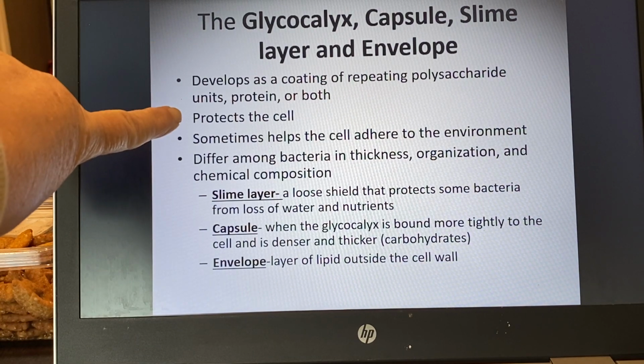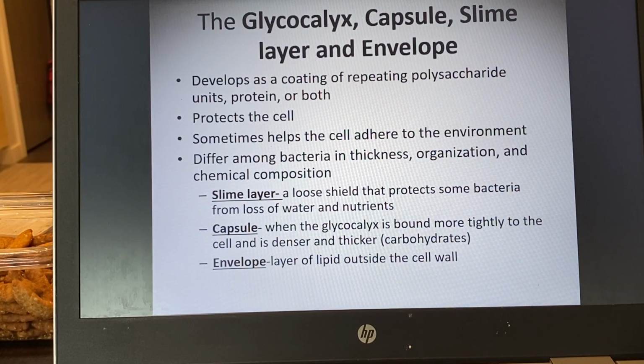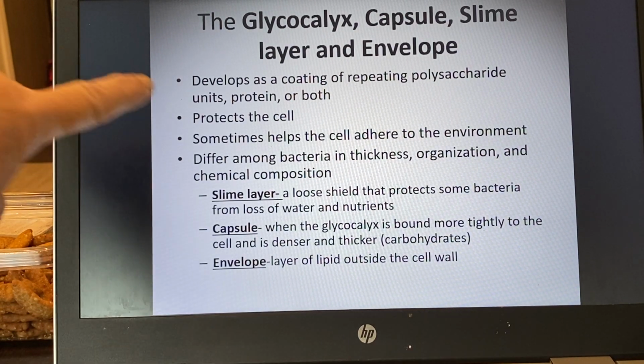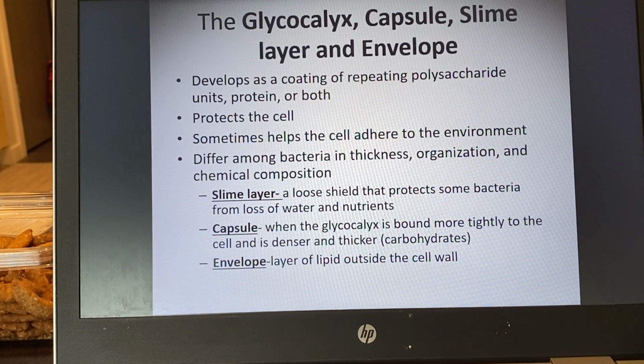It protects the bacteria because it's going to be a lot harder for things like antibiotics to force their way through all of that gunk and get inside the cell. It also has the same function as fimbriae, where it makes cells sticky, and so they can stick to each other and they can stick to you.